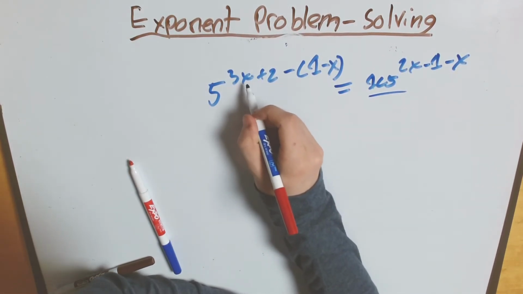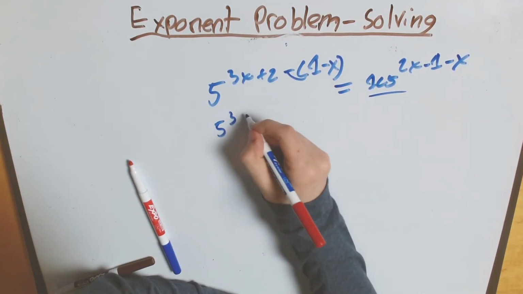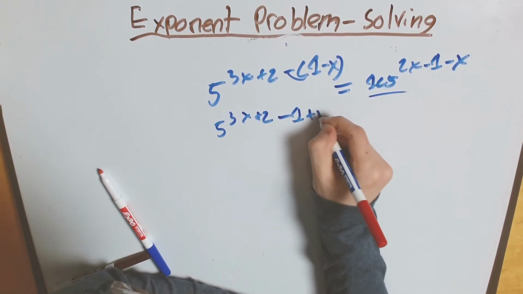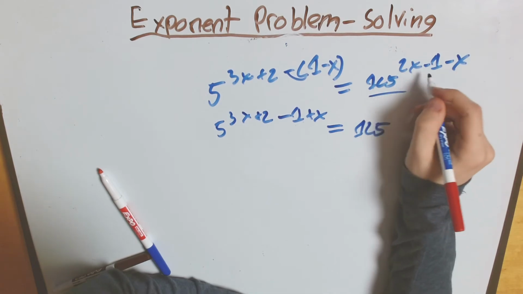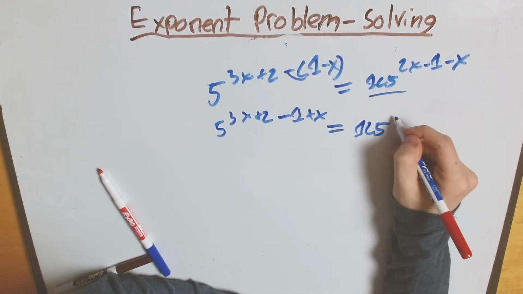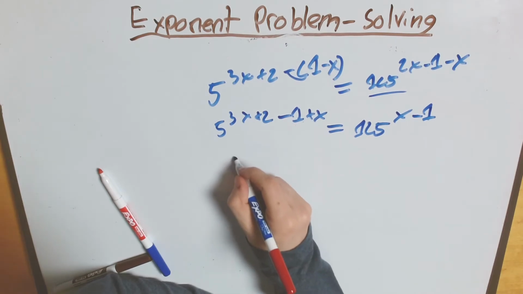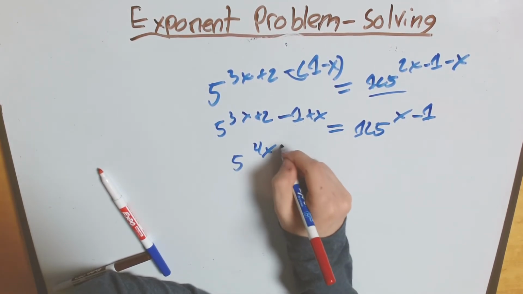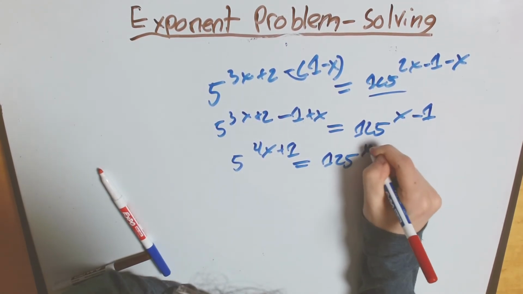All right, so I'm just going to read this negative out, so I have 3x plus 2 minus 1 plus x equals 125. I'm going to combine like terms, so 2x minus x, that's x minus 1. I'm going to simplify this further. 5 to the 4x plus 1 equals 125 to the x minus 1.